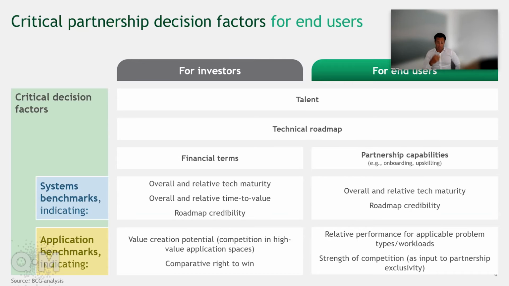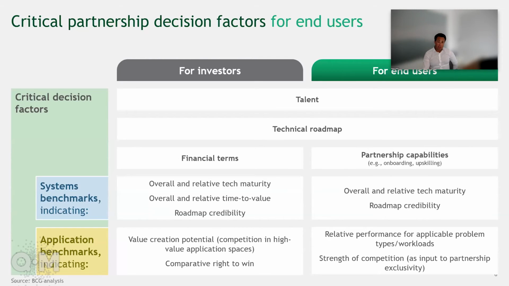The one is, of course, talent. You want to really find a team, at the provider level, that is talented. You want to find a team that has an ambitious and yet credible technical roadmap. That's all important.